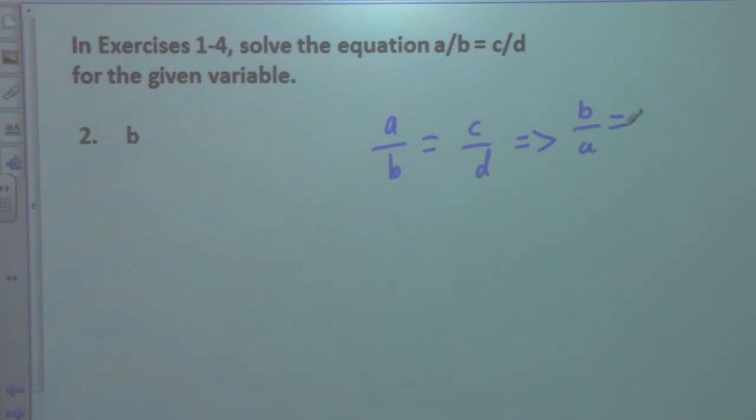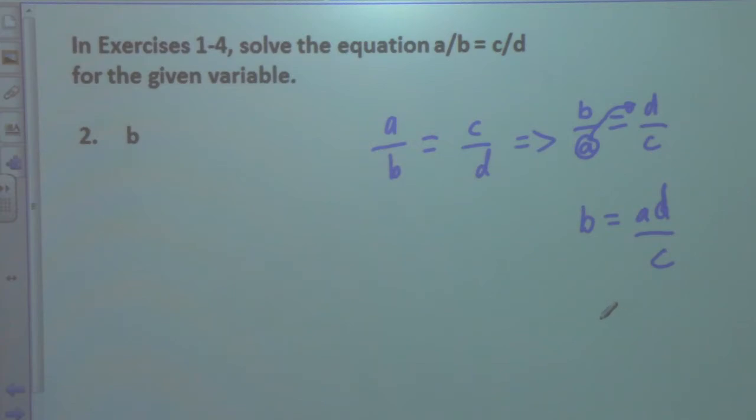So I put this as D over C, and now I'm trying to solve for B. So now I cross multiply this A, so B equals AD over C. Is that very hard?